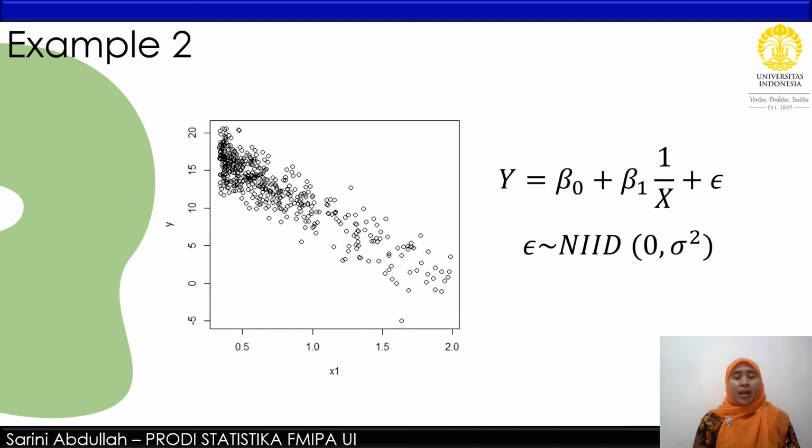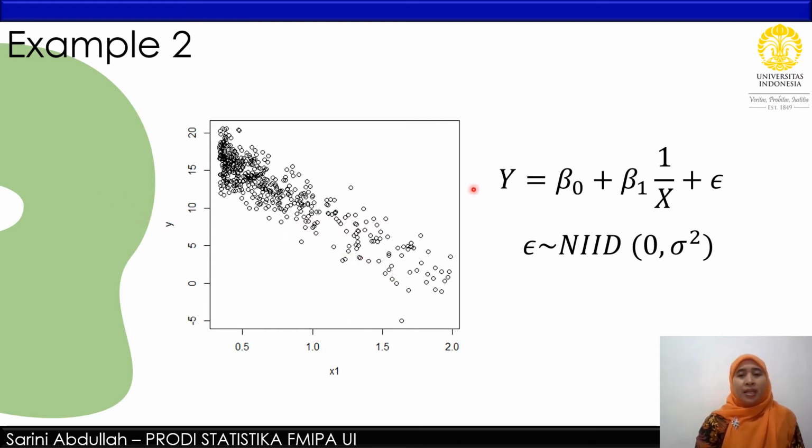Now we look at the second example. If we are given this kind of data, it is reasonable from our mathematical background that there is an inverse relationship between x and y.